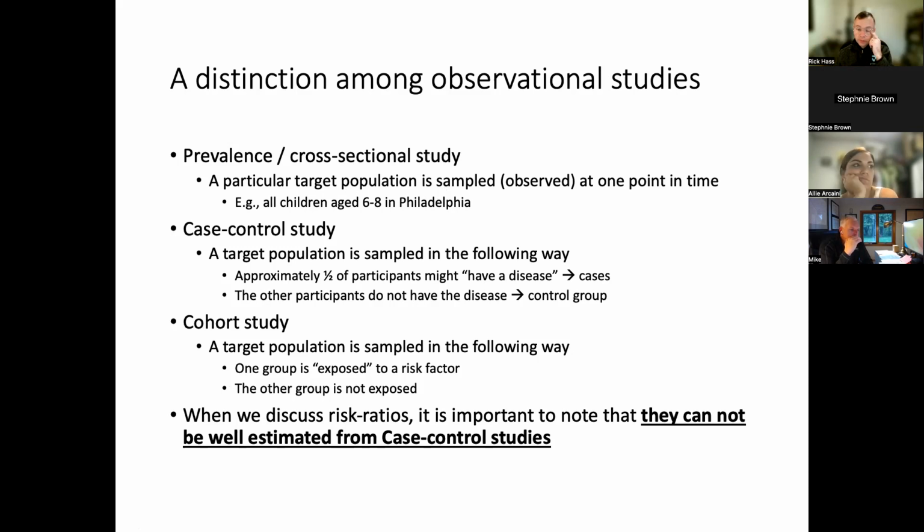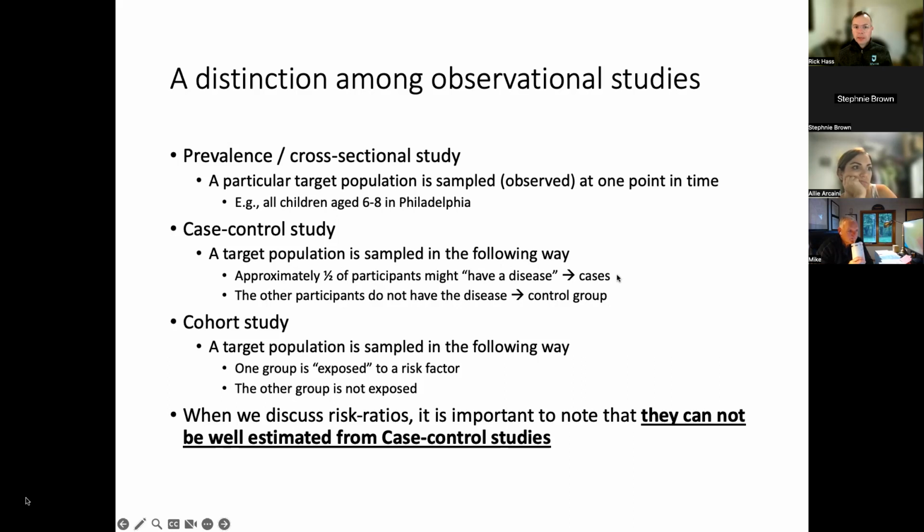Two other ways we perform observational studies is we do a case control study. A case control study is usually retrospective, but not always. Sometimes it's prospective. But either way, the target population is sampled in a way such that we actually manipulate how many people in the sample have the disease versus don't have the disease.